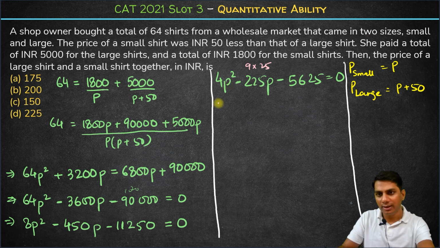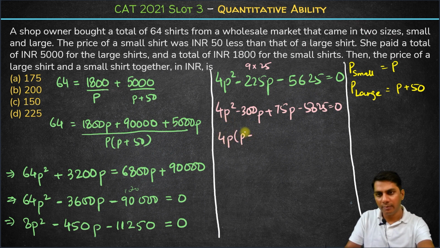So let's do that. This becomes 4P square minus 300P plus 75P minus 5625 is equal to 0. Okay, so we have 4P common from here.